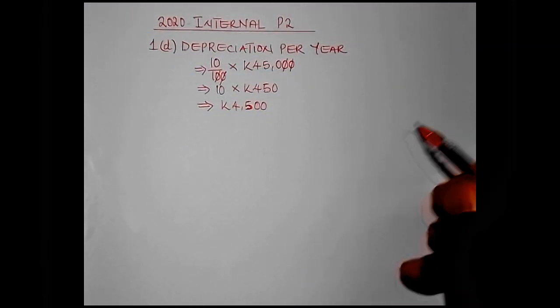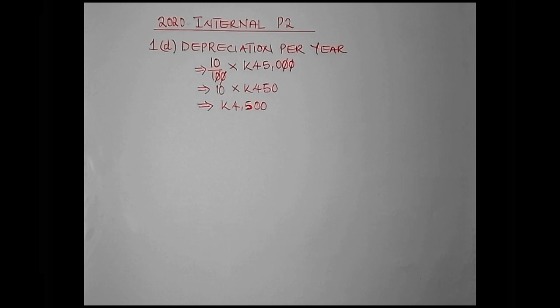So this is the loss of value of the vehicle per year. The vehicle was losing 4,500 every year for 3 years, because this is the depreciation per year.